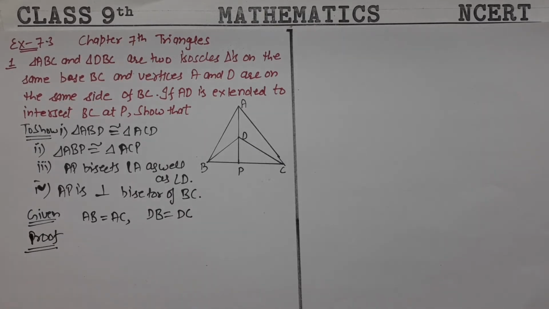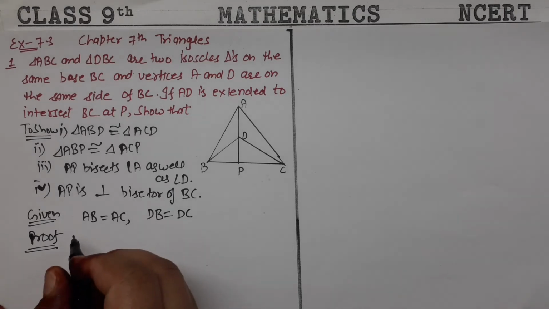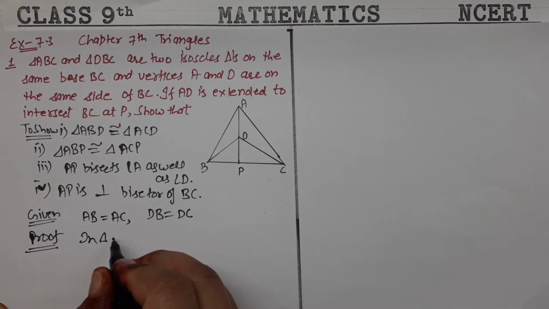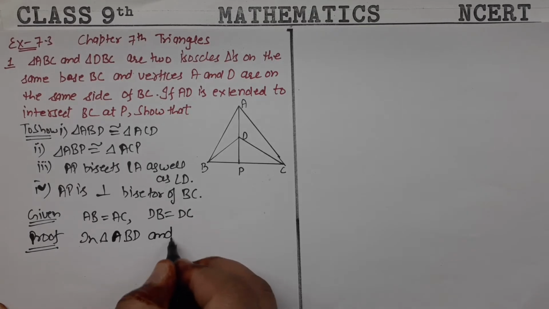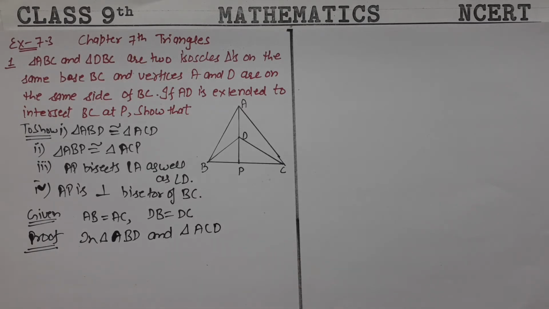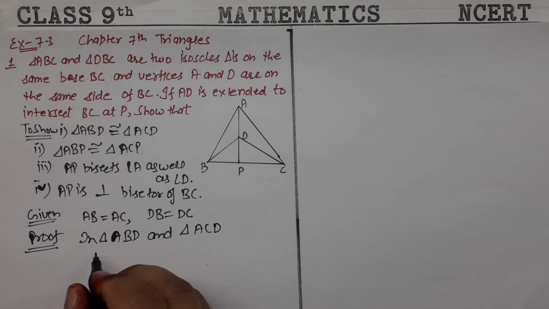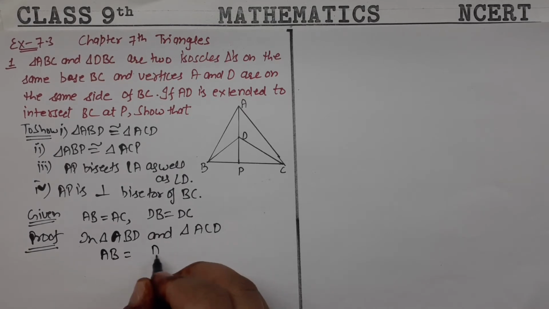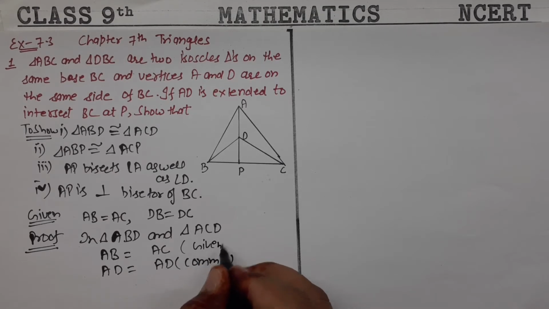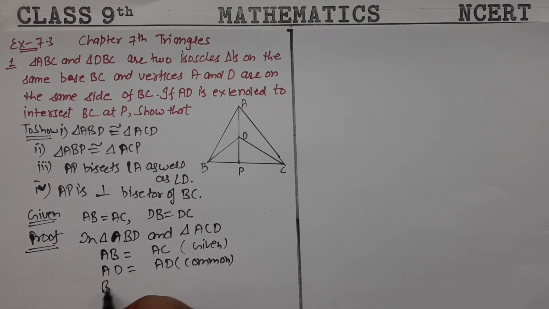Now proof. In triangle ABD and in triangle ACD, AB equals AC, AD is common, it's given, BD equals CD also given.